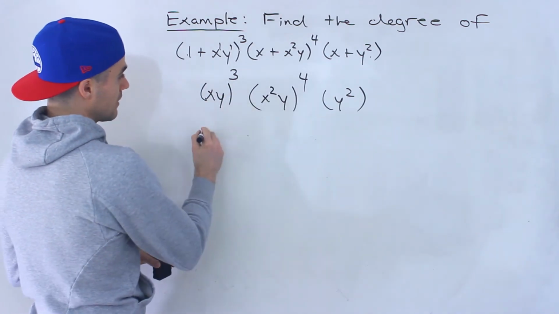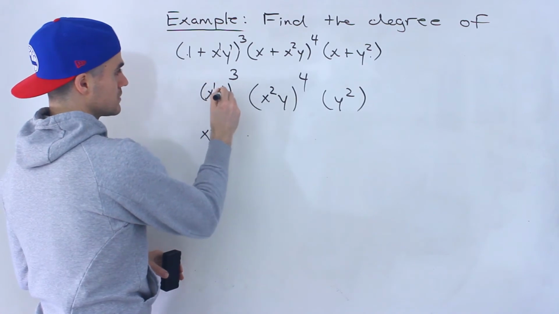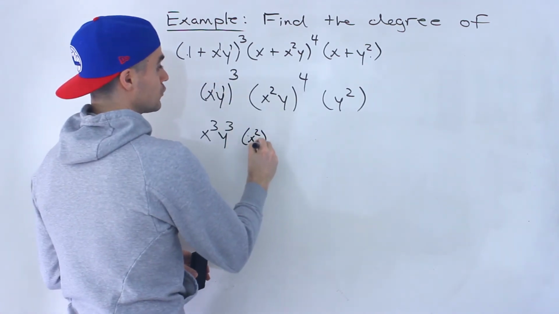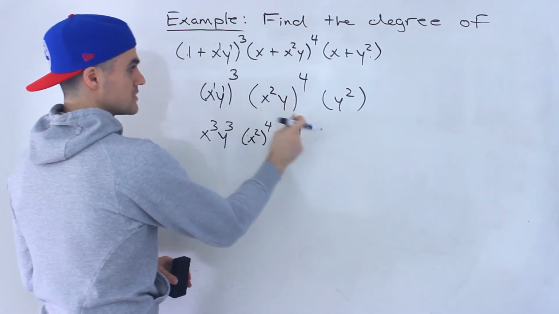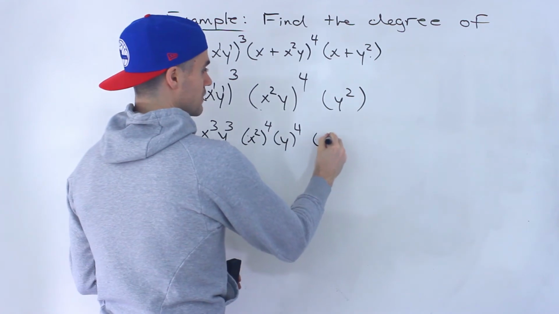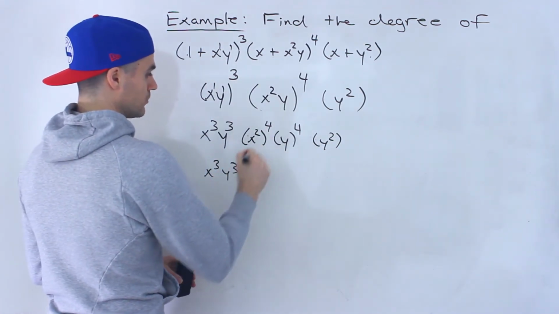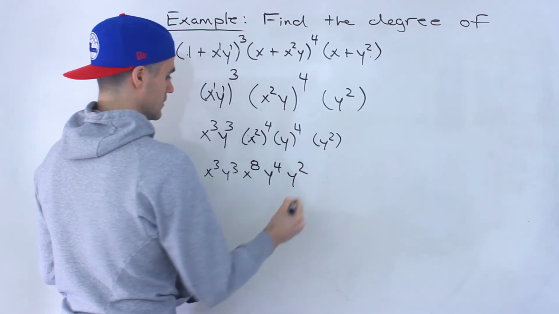And so from here, you can just simplify this. You'd distribute the 3 in. Here, we would distribute the 4 into both of these terms, and then the y^2 is just by itself. So we'd have x^3 y^3, multiply these. This would be x^8 y^4, y^2.